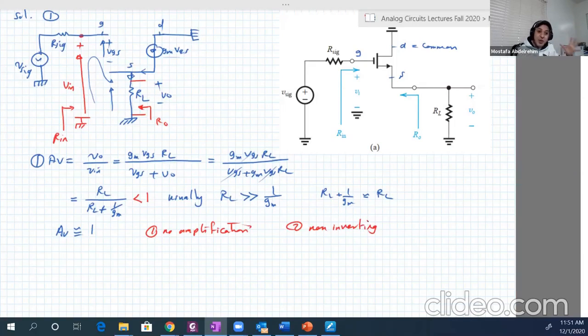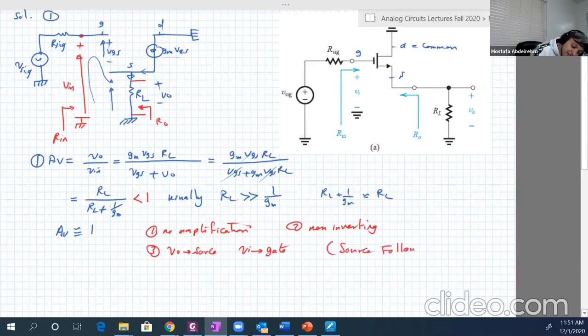And since VO is at the source and V input is at the gate, we call it a source follower. Just like the common collector amplifier, we call it an emitter follower, because the output voltage is at the emitter and approximately equal to the input voltage at the base.